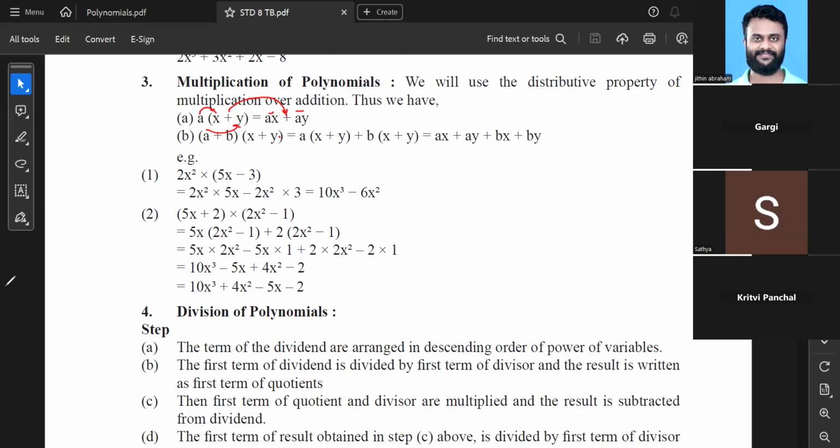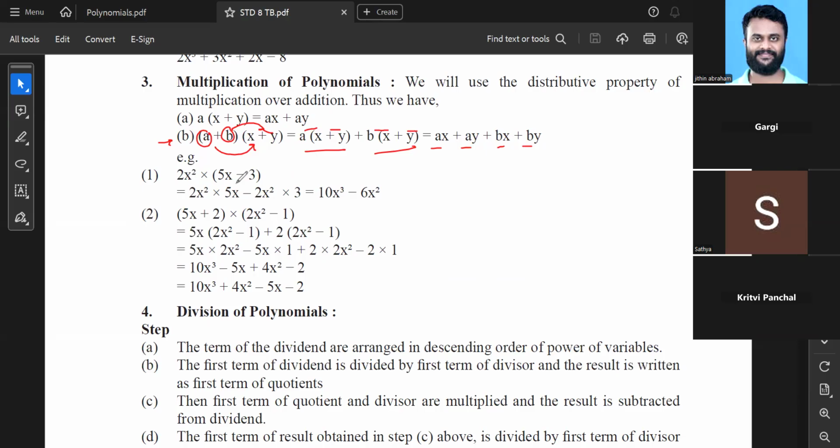Similarly for the next one, this is a binomial multiplied by a binomial. In this case, you first multiply a with the whole thing like how you have done over here. Then b with the whole thing like how we have done over here. Then simply ax, ay, then bx, by, as it is.